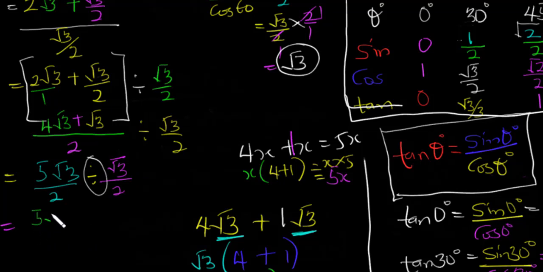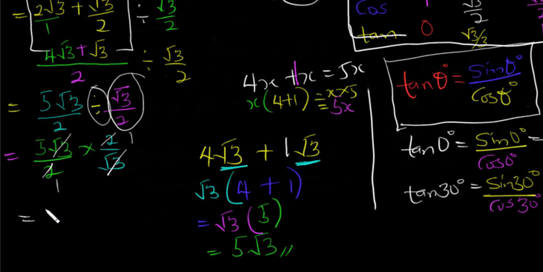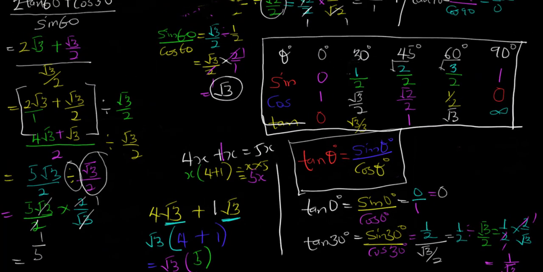We have 5 root 3 out of 2, times, and the numerator and the denominator will interchange, so we are going to have 2 out of root 3 instead of root 3 out of 2. So 2 here 1, 2 here 1, and root 3 will cancel root 3. What will be left here is 5. So the final answer to this question is 5. If you doubt yourself and you have a calculator, you can verify it and see.